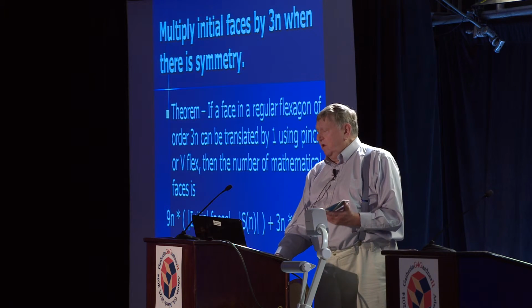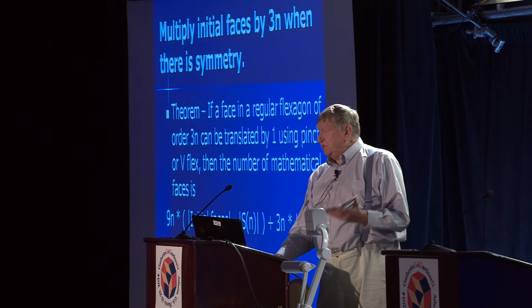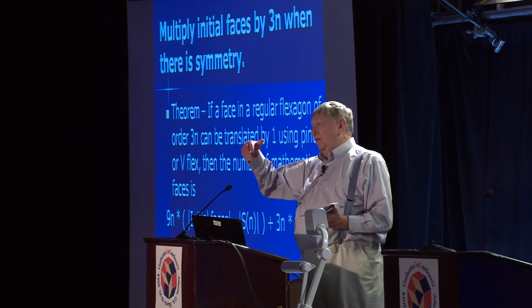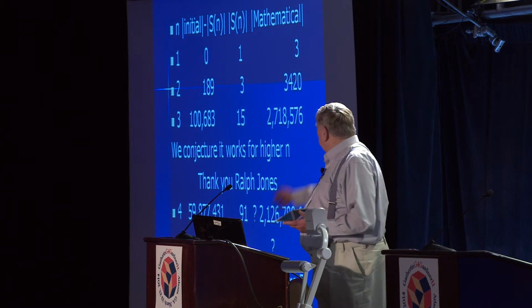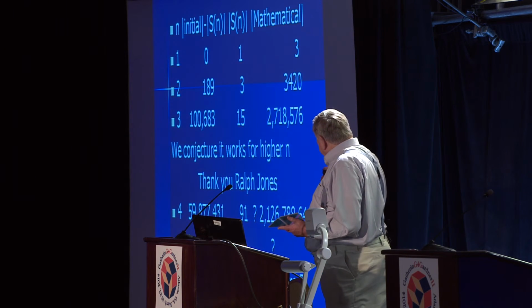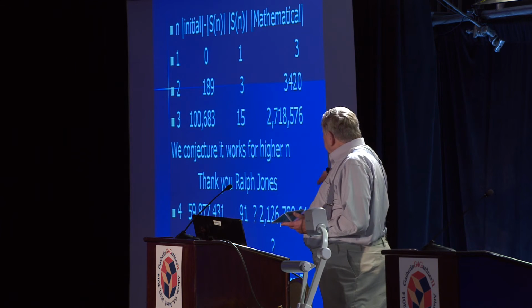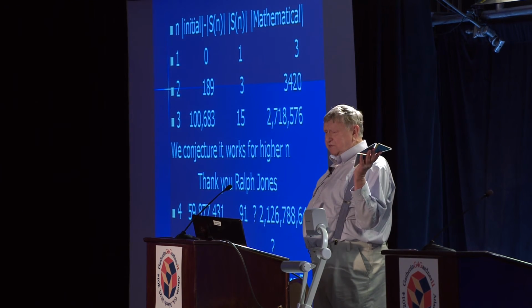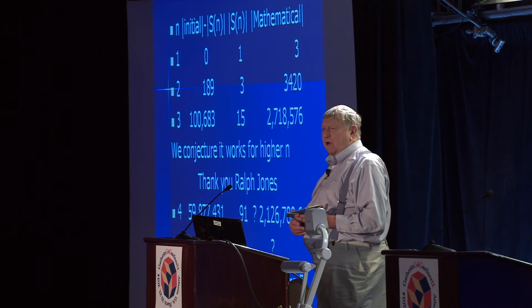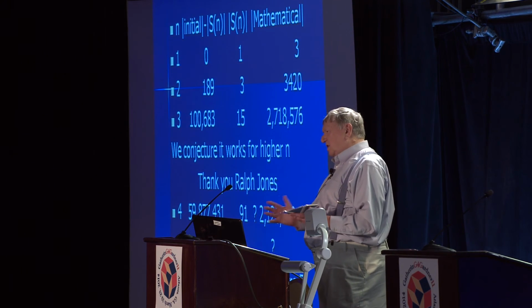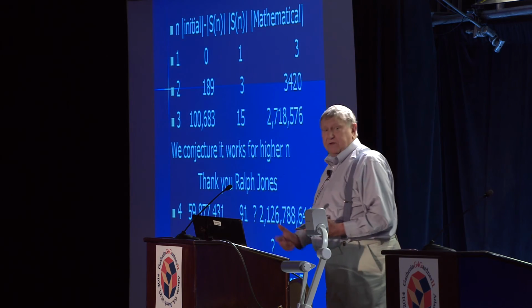And if we could prove that we can always translate by 1 for n equal to 4, 5, 6, and 7 forever, we would be done. So if the conjecture is true, then there'll be 2 billion faces on the 12-face flexagon. But Ralph kept us honest, and we can't prove that we can slide by 1 for any triangle. Thank you.